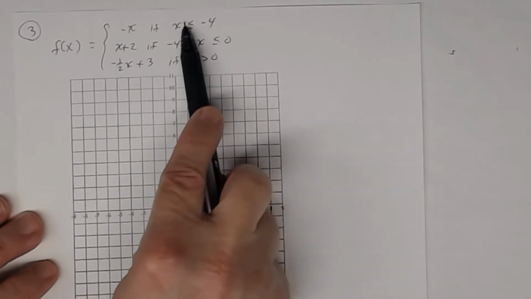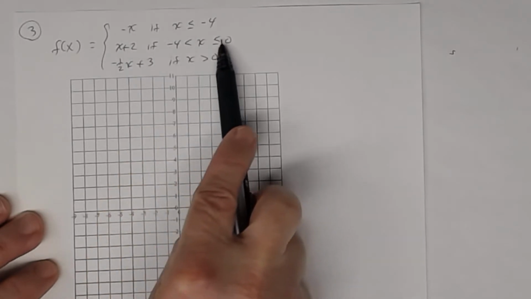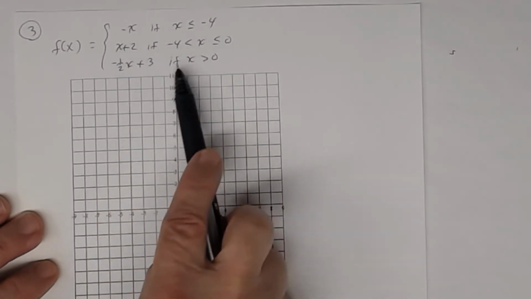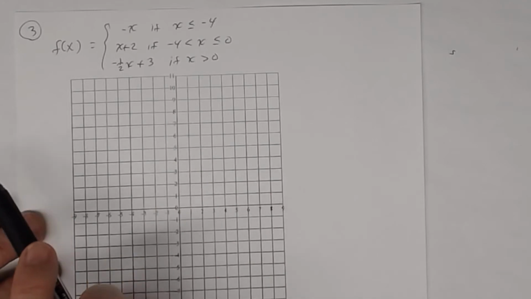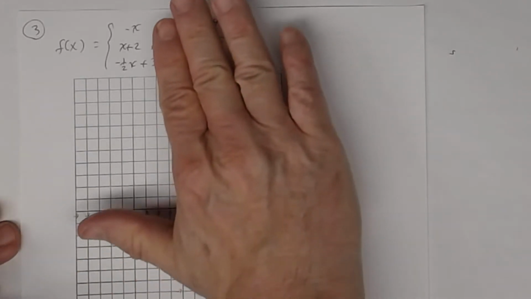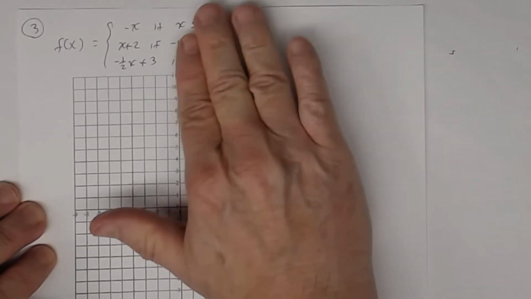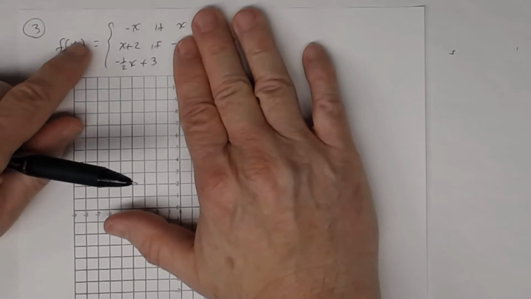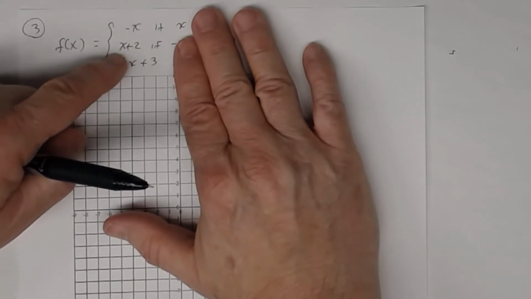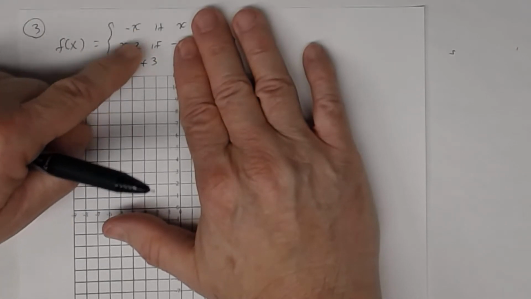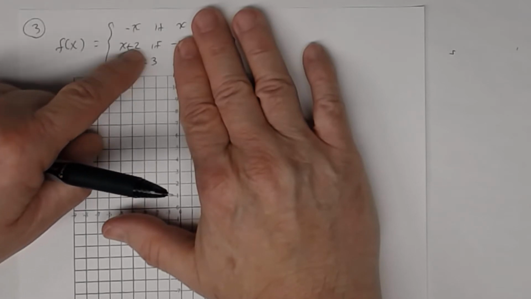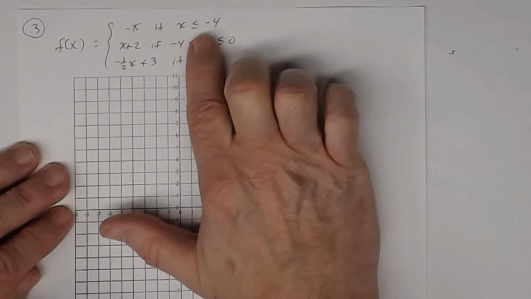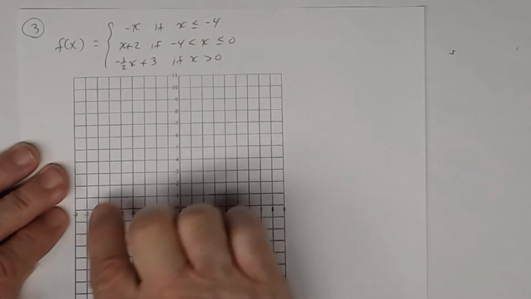So that's the domain for this part. Here's the domain for this part, and here's the domain for this part. Now, I want you to recognize that if none of this domain was here, and you're only looking at each part individually, all these would be lines, right? A line, a line, a line. These are all linear. But now we're restricting it, though. All right, so it's not going to be 2 arrows.